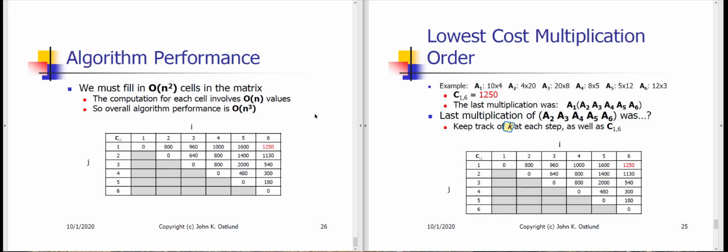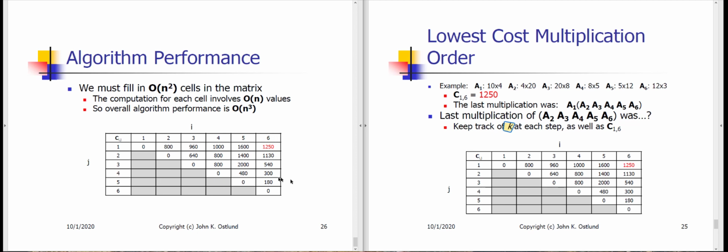Now, lastly, we've got this algorithm that computes the lowest cost for multiplying these matrices, and this does scale up to an arbitrary number of matrices, but 6 is about the most you can handle in an actual example and have it fit on the page and not put you entirely to sleep.